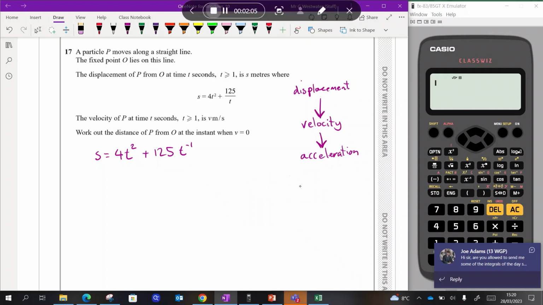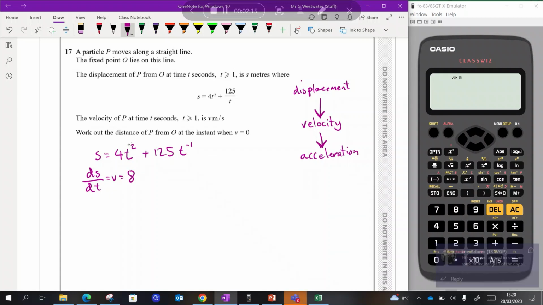So, on to differentiation. ds by dt, which is going to equal v, is the power times the coefficient, so 8, and then take 1 away from the power, 8t. And then apply the same thing again: times by the power, so 125 will become minus 125, and this will become t to the minus 2.